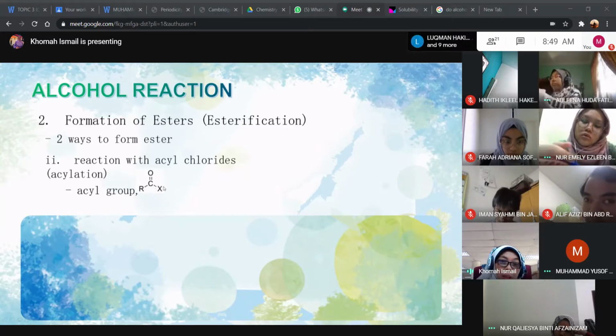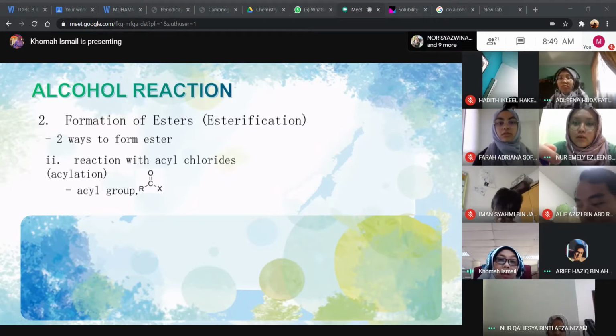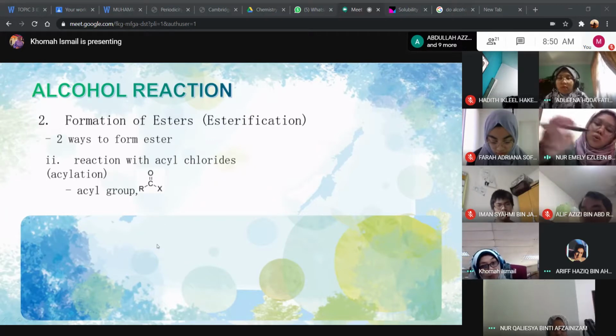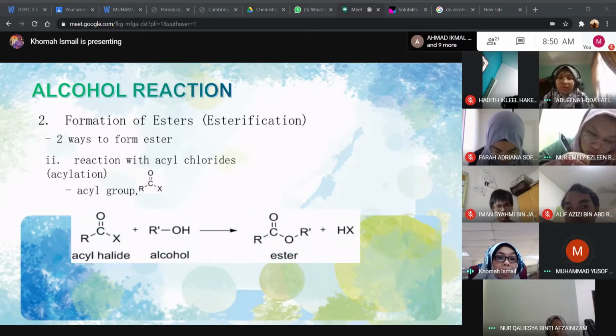So the OH is replaced by X. This is an alkyl group. When this X is chloride, it becomes acyl chloride. If it is Br, it becomes acyl bromide. In this case we are talking about acyl chloride, because that is the most active one.